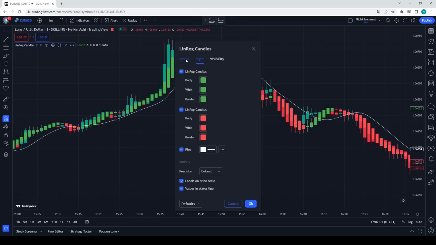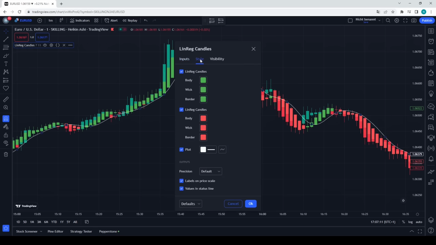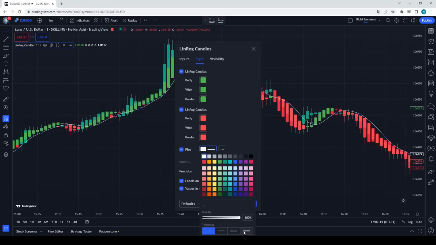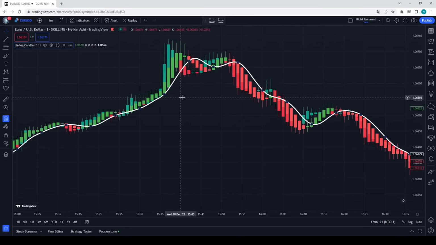In the settings, in the input, we put the signal smoothing from 11 to 7. Then in the style, we make the line of the plot a little bit thicker so we can see it better. Click on OK, and that's it for that one.